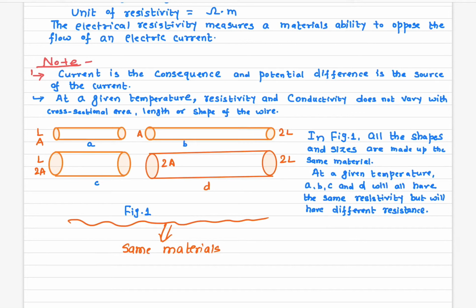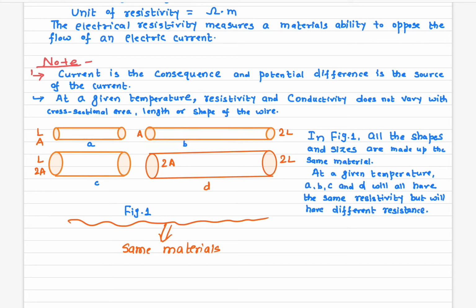Or in other words, the potential difference is the source of the current. If you have this conductor, let's say here, and if these two ends are at the same potential, then there will be no current. But if there exists a potential difference, then there must be current in it. So the current is the outcome of the potential difference, or the potential difference is the source of the current.